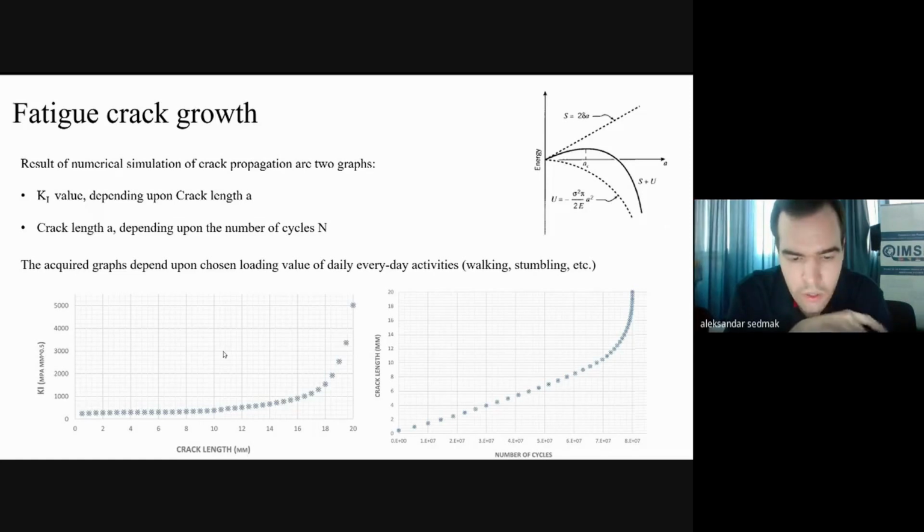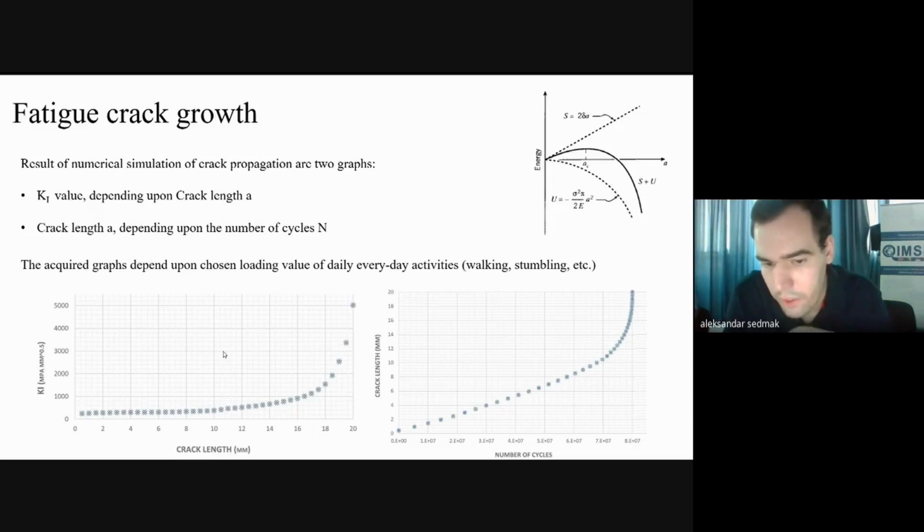So based on these 2 graphs, you see when an unstable crack growth begins from a standpoint of crack length and number of cycles. In this particular case, you see on the picture to the left that after 19 millimeters of crack length, unstable crack growth begins, and it is very close to final failure.